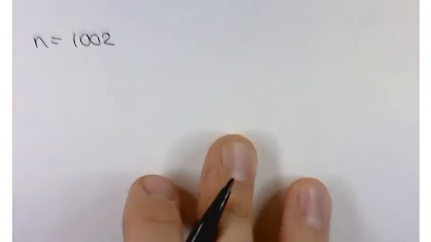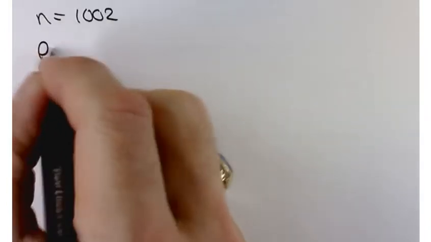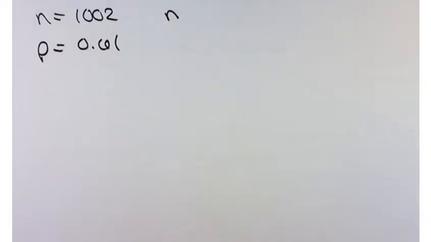Okay, so some relevant statistics that we need to do this problem. This is number 19. We've got n equals 1,002. Probability of success is 0.61. Let's check out a couple things here. First of all, does this fit? Fixed number, okay.